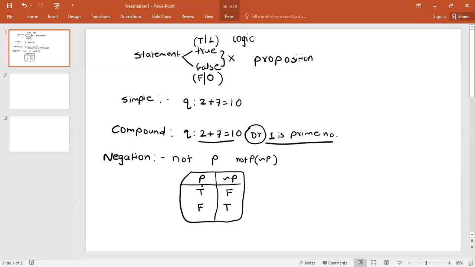For example, 2 is a rational number, and its negation, 2 is not a rational number, has the opposite meaning. These are some examples of negation.